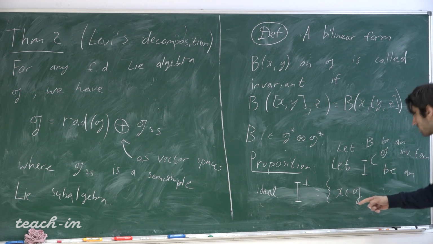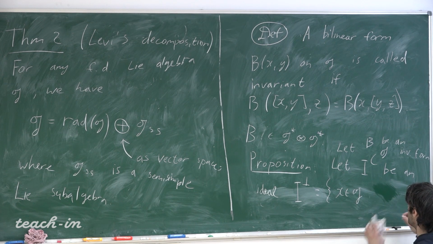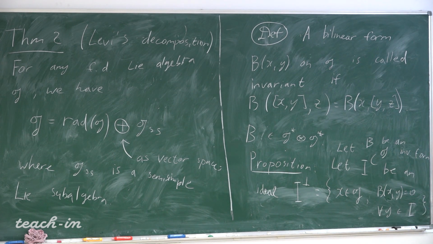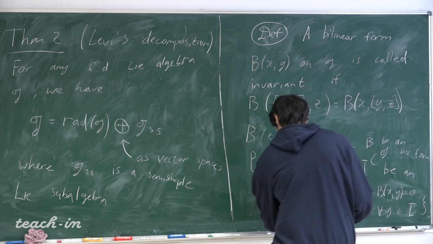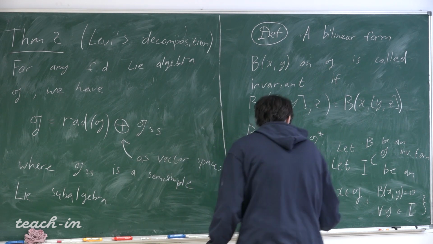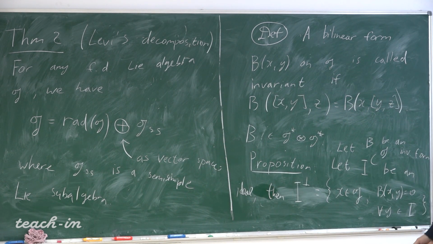So let me write this down explicitly. X in G such that B of X, Y is 0 for any Y in G. Sorry, I should take here I, right? Since it's the orthogonal complement to I. So if I is an ideal, then this thing, the orthogonal complement, is also an ideal.